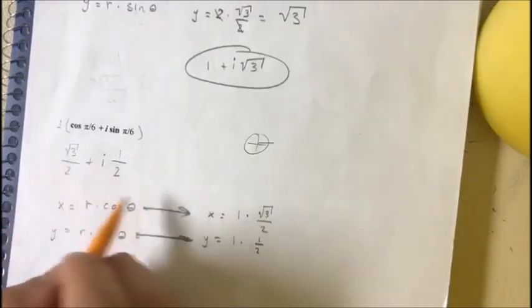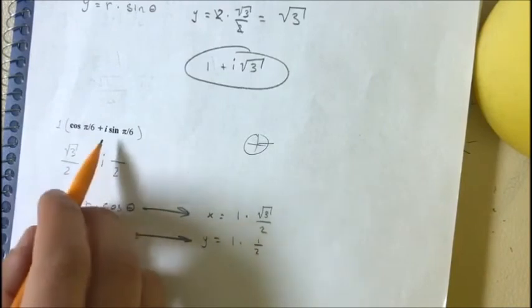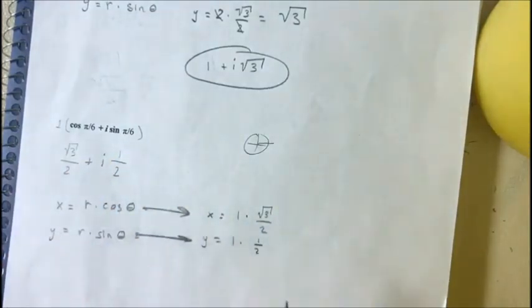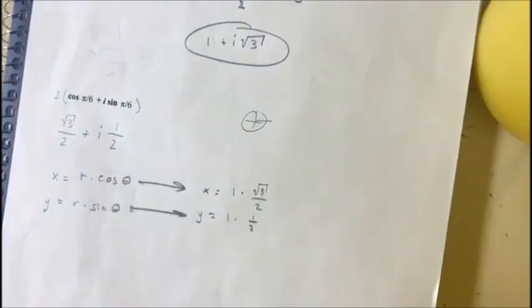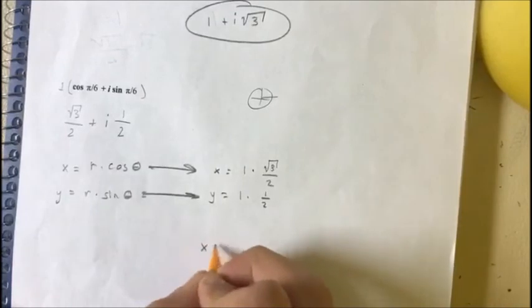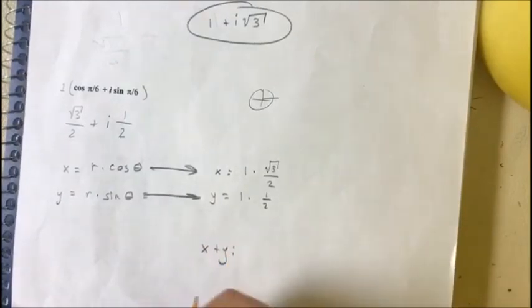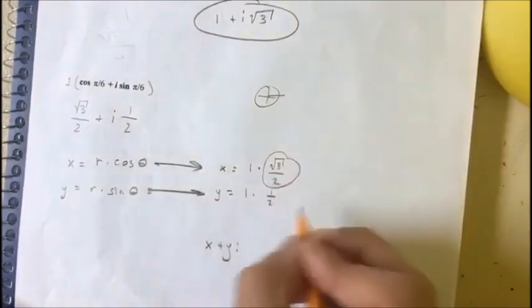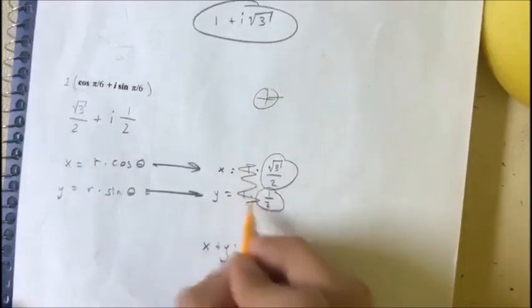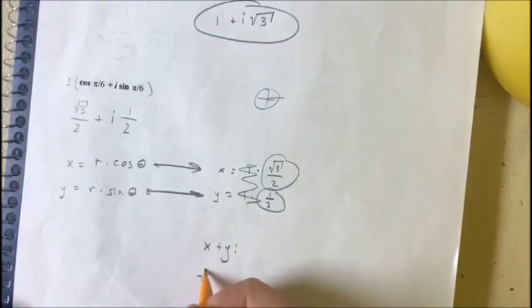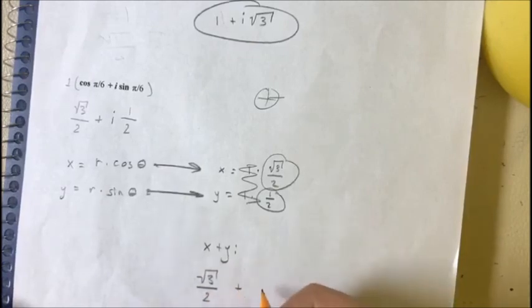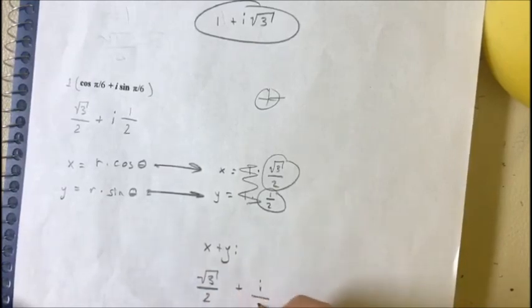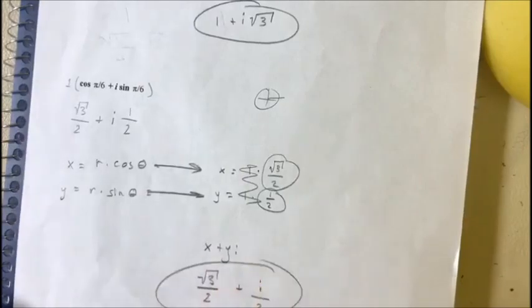So without an r, cosine theta plus i sine theta is the same as x plus yi. So r is basically the difference between trigonometric form and rectangular form. We're going to have x plus yi, because that's what it's asking for, rectangular form. This is x, and this is y, because we're multiplying by 1. So it's going to be square root of 3 over 2 plus i over 2, because i times 1/2 is going to be i over 2.